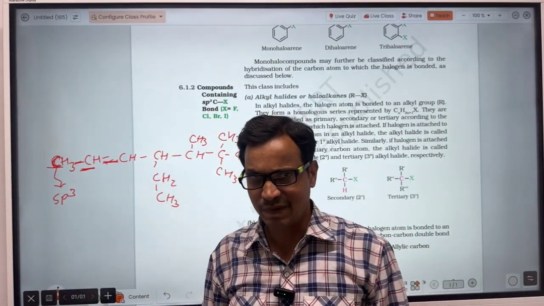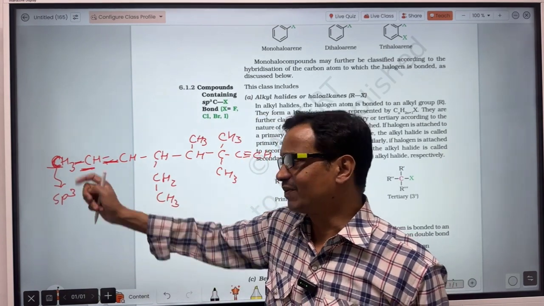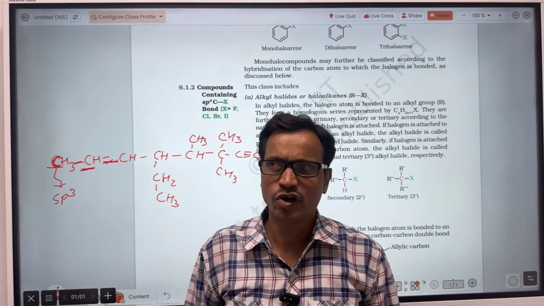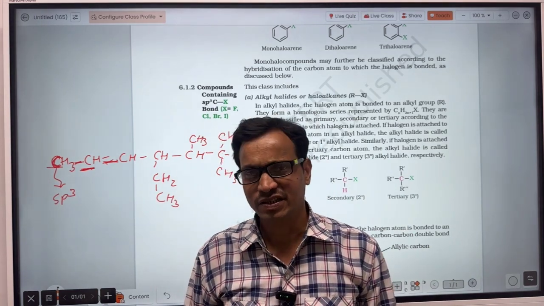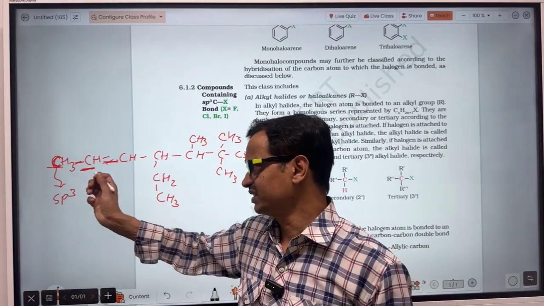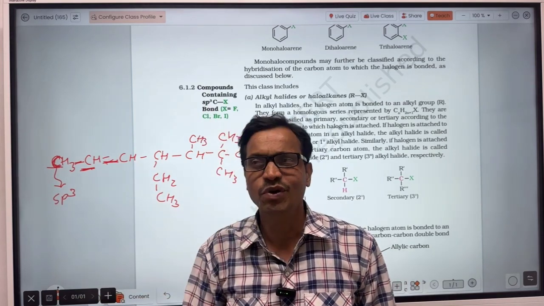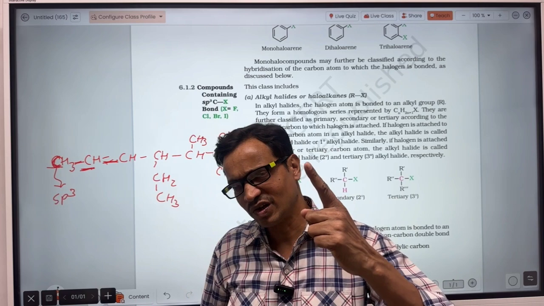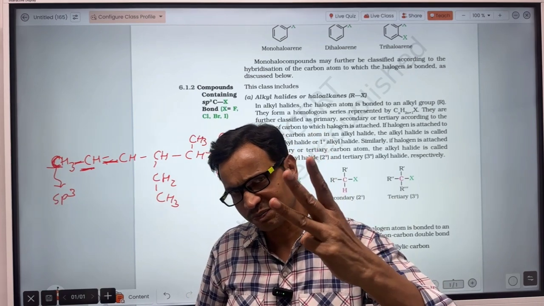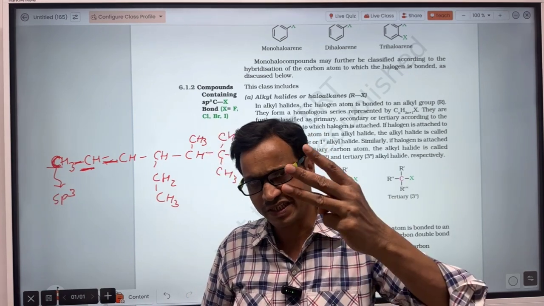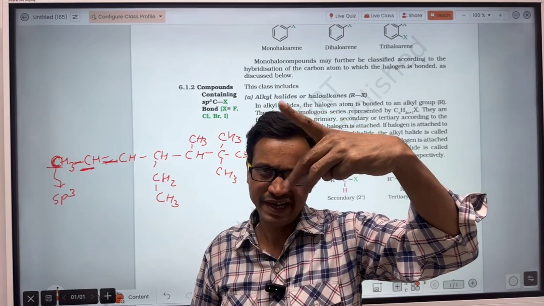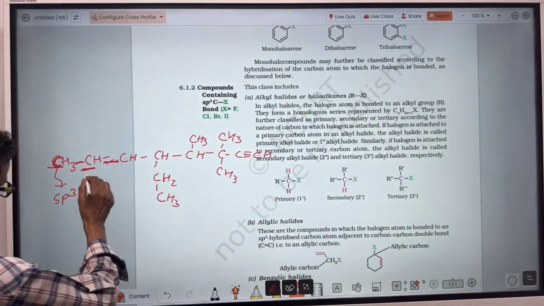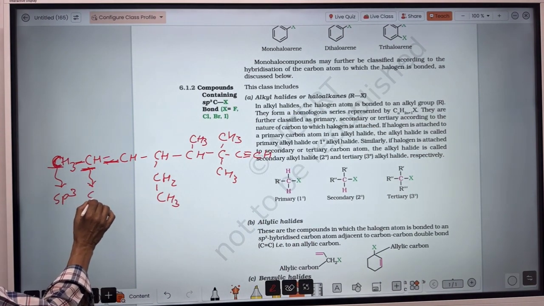To form 3 sigma bonds, this carbon will require 3 hybrid orbitals, so 1 orbital of s and the remaining 2 orbitals of p will merge together. So the hybridization of this carbon atom will be sp2.